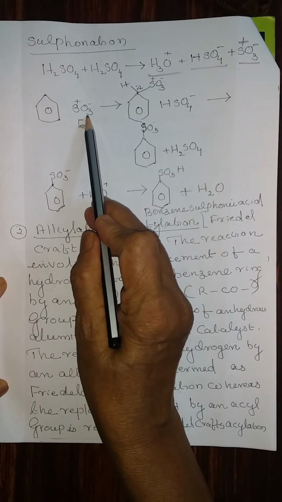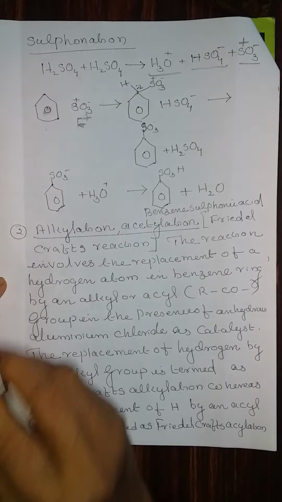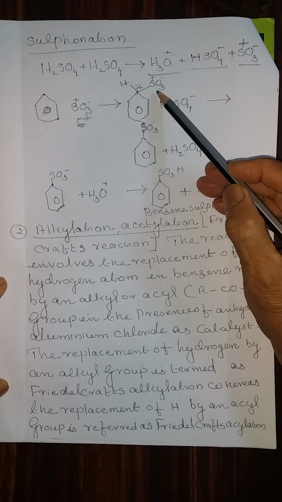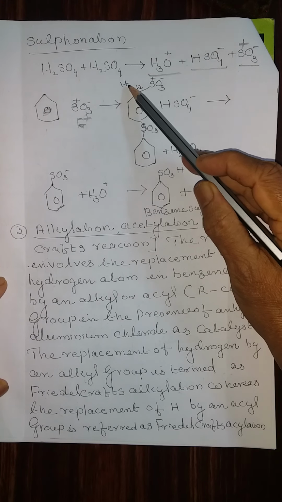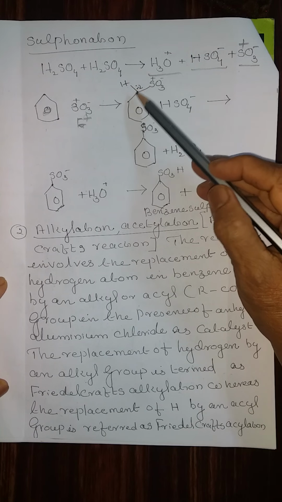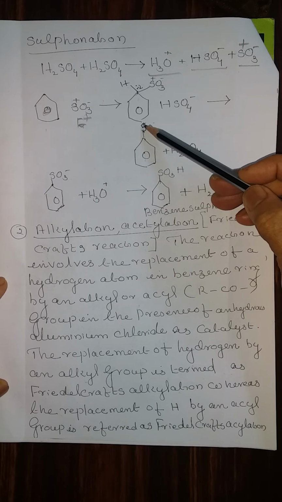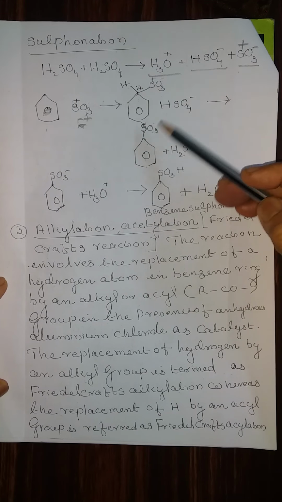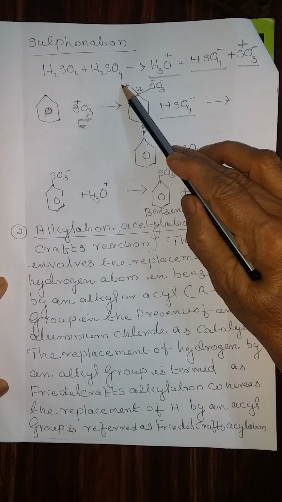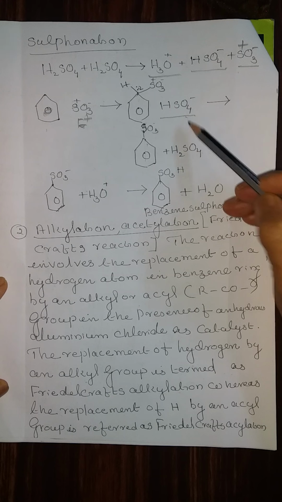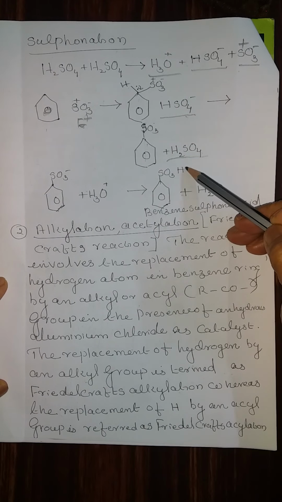When the electrophile comes closer to this benzene ring because of the electron cloud, SO3 gets attached to the benzene ring, and the hydrogen is removed from here by giving both the electrons here, so that SO3 is directly attached to the benzene ring. In presence of the base HSO4 minus, this H will join with HSO4 minus and form H2SO4. That is the first step.